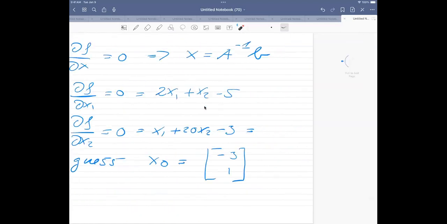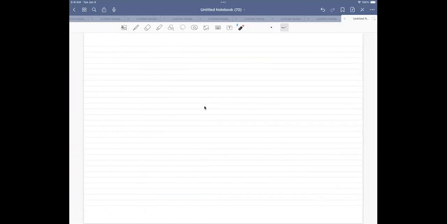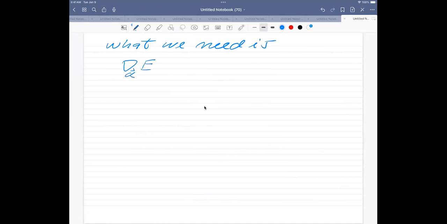So I'm going now to go back and we are going to calculate the gradient. So what we need is the gradient of this energy, E, with respect to this parameter alpha hat.